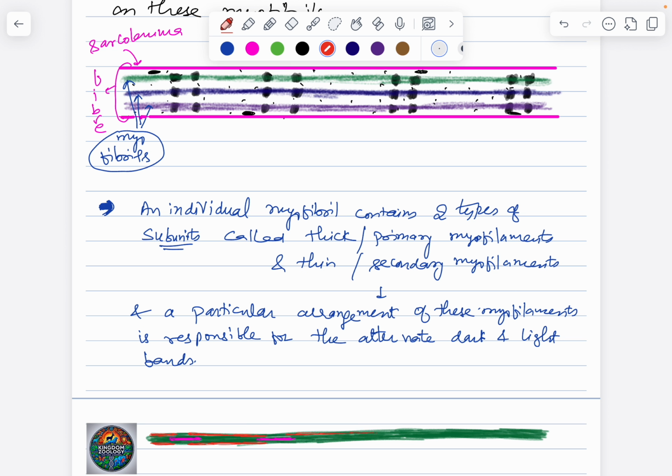And in a while you'll be able to understand what exactly I'm doing over here and why your myofibril is showing that alternate dark and light appearance.